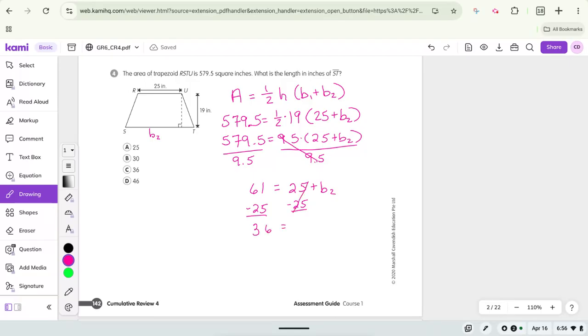Subtracting 25 from 25 makes that go away. I bring down the b sub 2, and so base 2 is 36. And remember, base 2 is what I'm calling ST, and that's what I was looking for. So the correct answer is ST is 36 inches long.